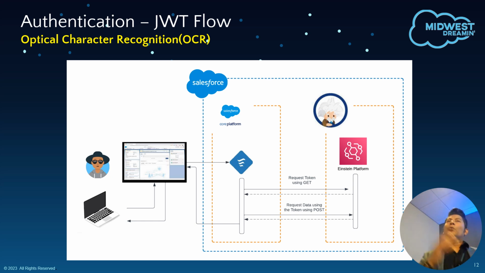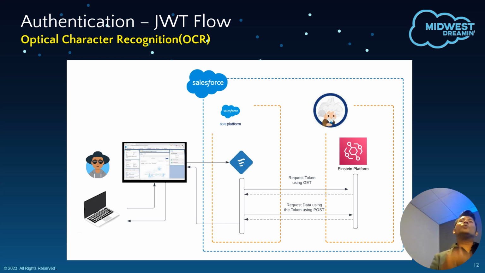There are multiple ways to authenticate. Long time back, it was username and password, then they had the security issue, then it came to multiple ways of authentication. One is SAML, which the majority of the time Microsoft services use. Then you have OpenID, but I'm not going to go into details. JWT, which is JSON Web Token, is one of the standard ways to communicate. That's what we're going to use to communicate with the Einstein service.